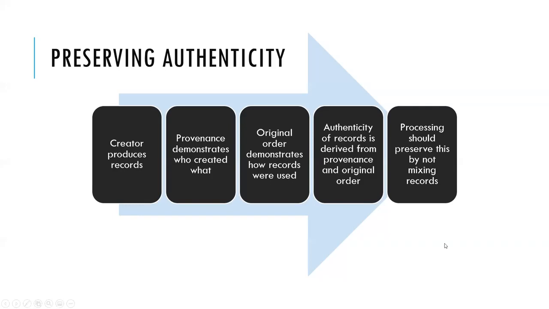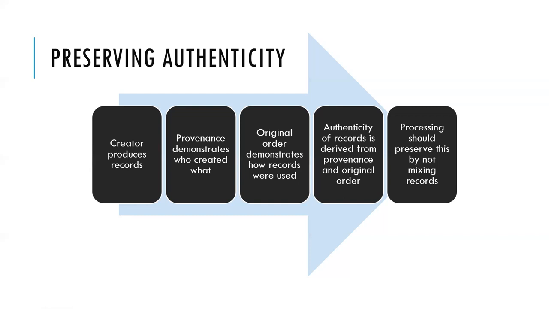Sometimes you get artificial collections that really are a mash of records that were created by a bunch of different people. So the University of Wyoming's American Heritage Center has the Forrest J. Ackerman papers, which is a great collection, but really it's a mix of science fiction materials that Ackerman obtained from different people throughout his life.